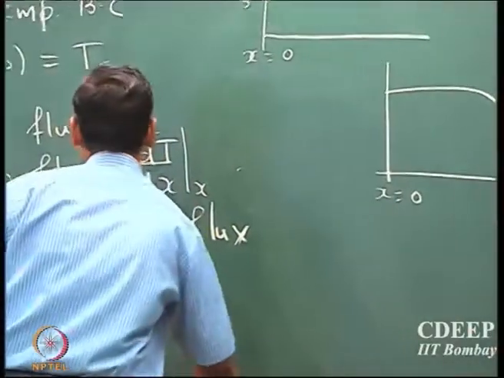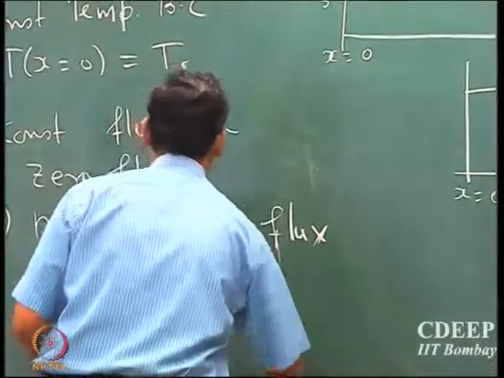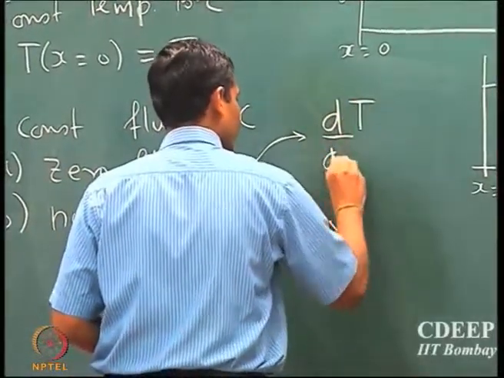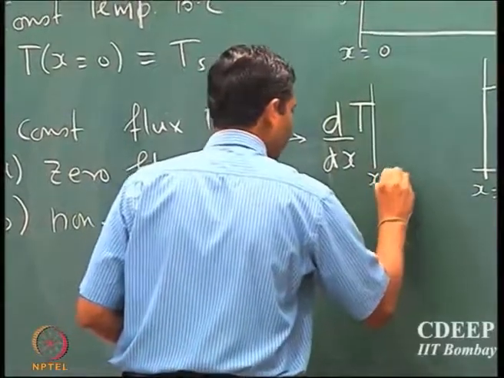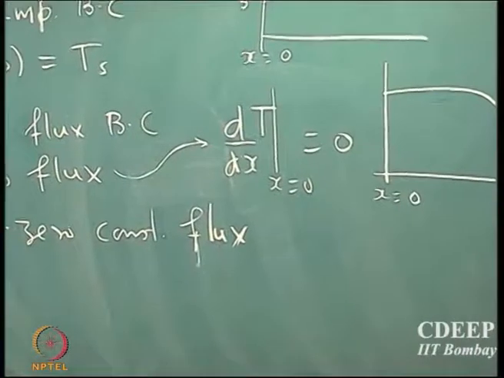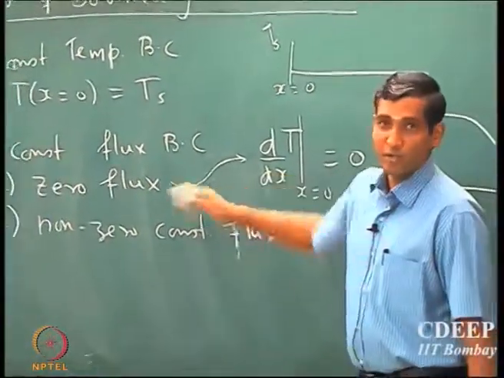So, we can describe this boundary condition by the following expression: dT by dx at x equal to 0 equal to 0. So that's the no flux boundary condition or zero flux boundary condition.